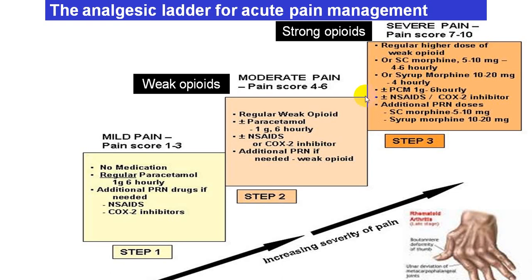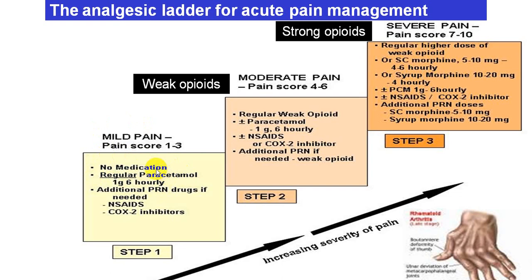So they divide into 3 steps, step 1, step 2, step 3. In mild pain, weak opioids you can utilize, and COX-2 inhibitors you can utilize. Mainly in mild pain, sometimes you may not require a medication. It may even be tackled by paracetamol.